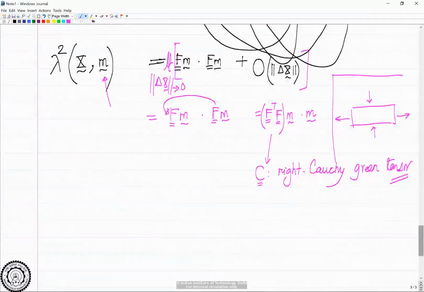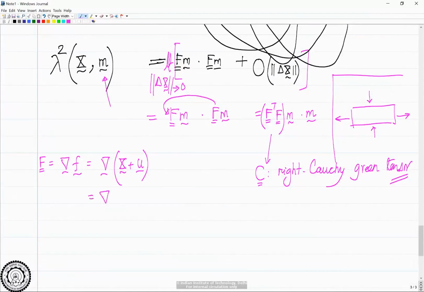All right, now we can also express this C in terms of displacement. First of all, this F is the gradient of small f, which is the same as the gradient of capital X plus u, because small f is capital X plus u.